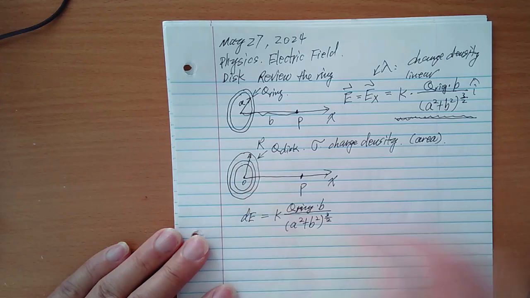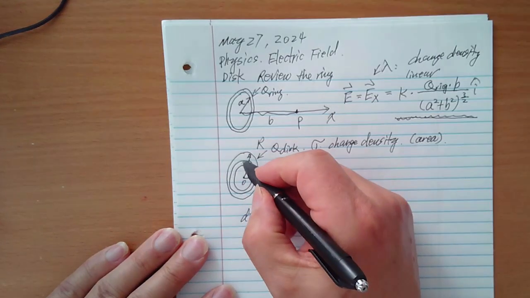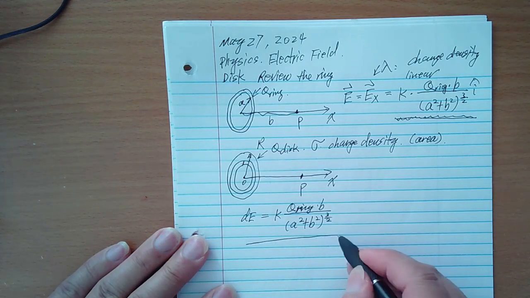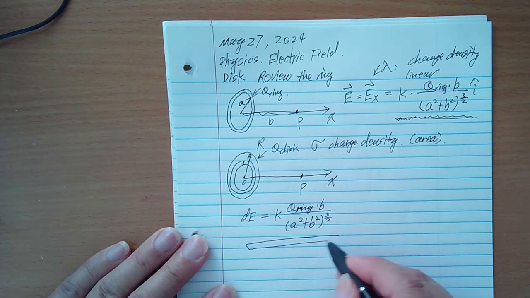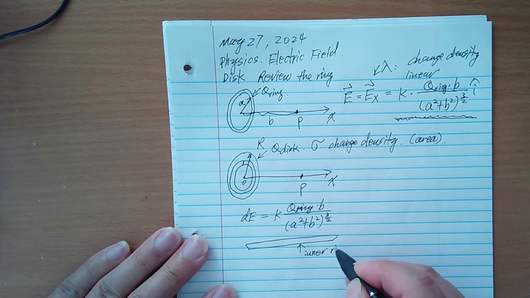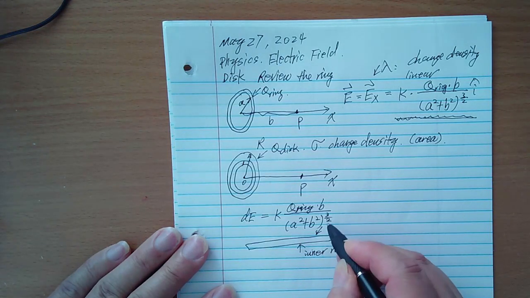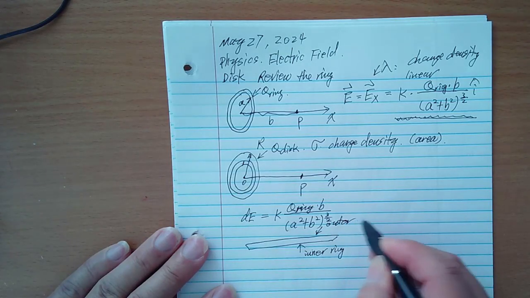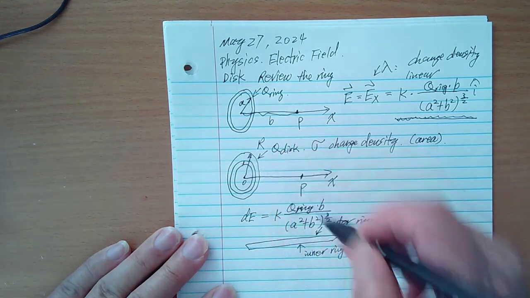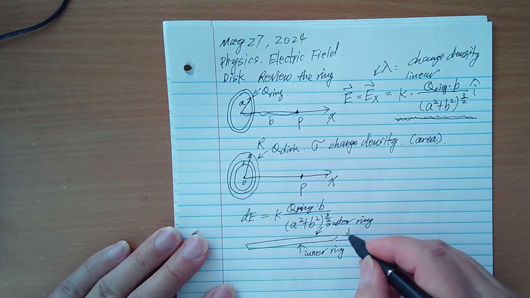If we cut the ring right here and expand it, we will have something like this. This is our inner ring, this is our outer ring, and the thickness of this is the dr.